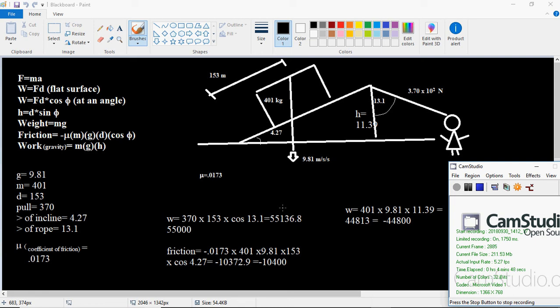55136.8. Now, here's where that scientific notation is important. If you look at it this way, 370 has 3 significant digits. 153 has 3 significant digits, and 13.1 has 3 significant digits.